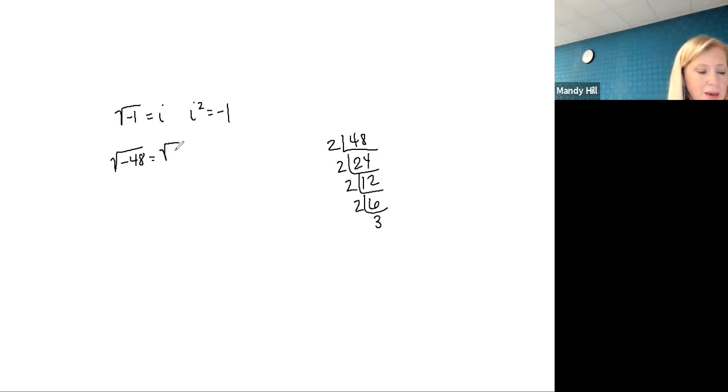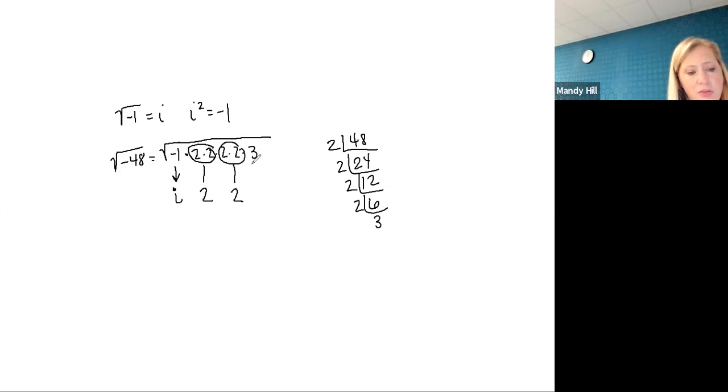So when I break this up, I would have -1 times 2 times 2 times 2 times 2 times 3, and I'm getting that from over here. So the square root of -1, I do have a pair of 2's that I could pull out, and another pair of 2's that I could pull out, but this 3 right here doesn't get pulled out.